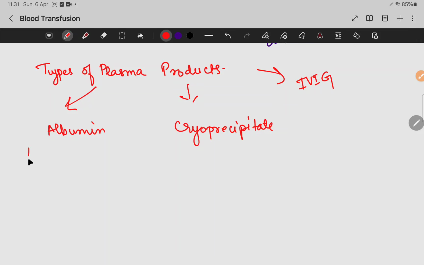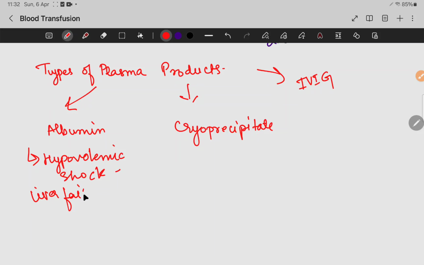So albumin, it is used in hypovolemic shock, okay, hypovolemic shock, or liver failure, or in cases of hypoalbuminemia.